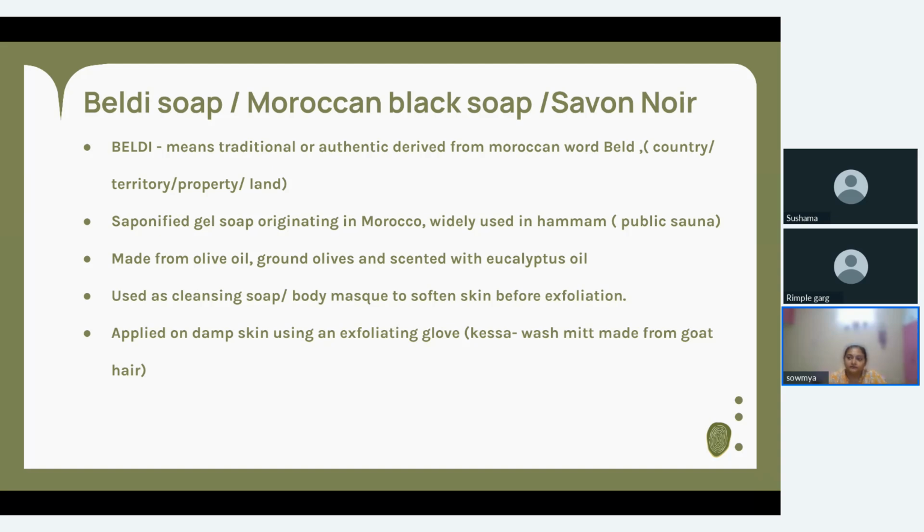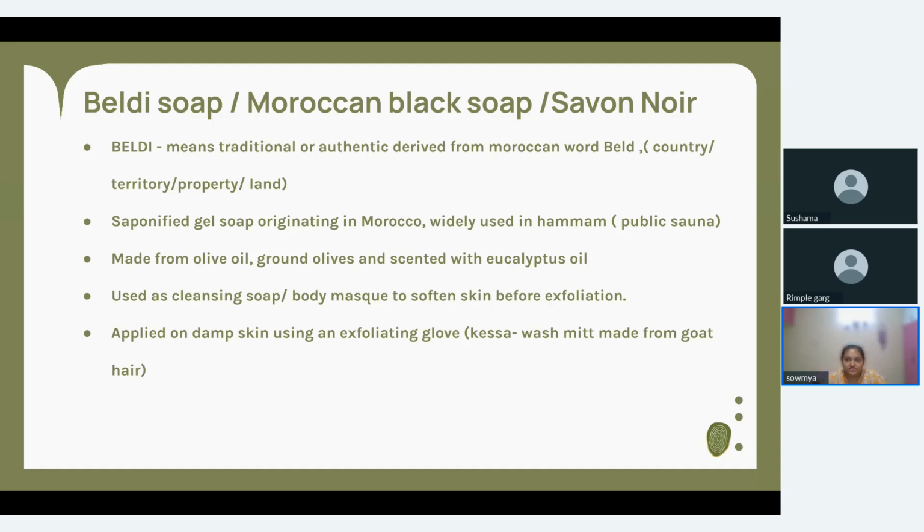First they'll go to the coldest area of that sauna, and then slowly they will move towards the hotter part, and as the heat comes in contact with their skin, their pores get exposed.